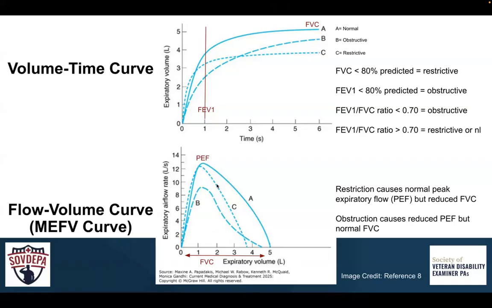Okay. So with the restriction, that forced vital capacity is reduced. It's only 3.75 here, okay, for the forced vital capacity. And so a restrictive loop is both narrower and smaller. It has a pretty steep descending expiratory descent.